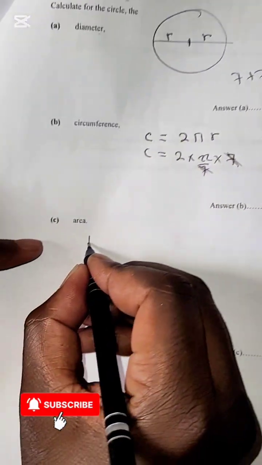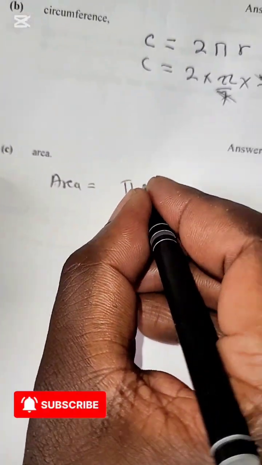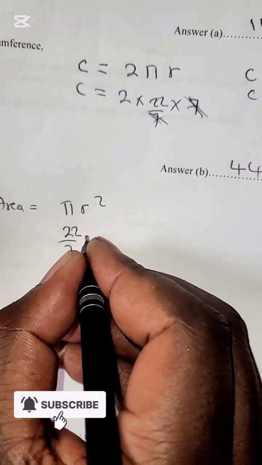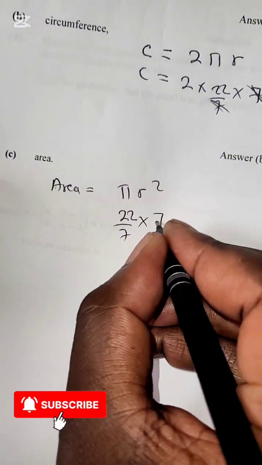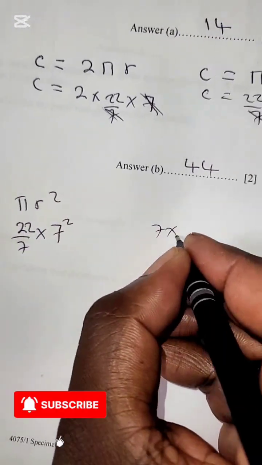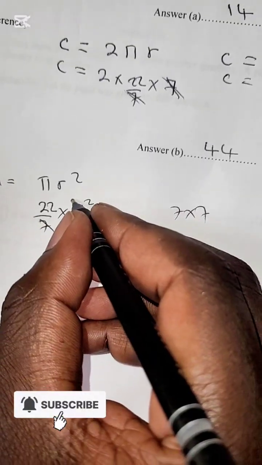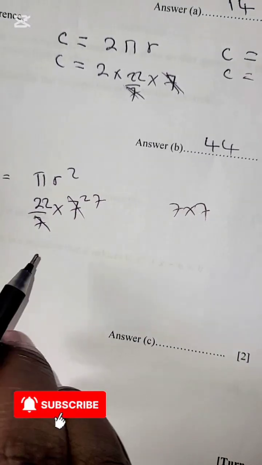Okay. Then area of a circle is pi r squared. Okay. So our pi is 22 over 7 times radius. You can say 7 squared. Okay, you can say 7 times 7. So 7 into 7 into 7 squared, we are left with 7.